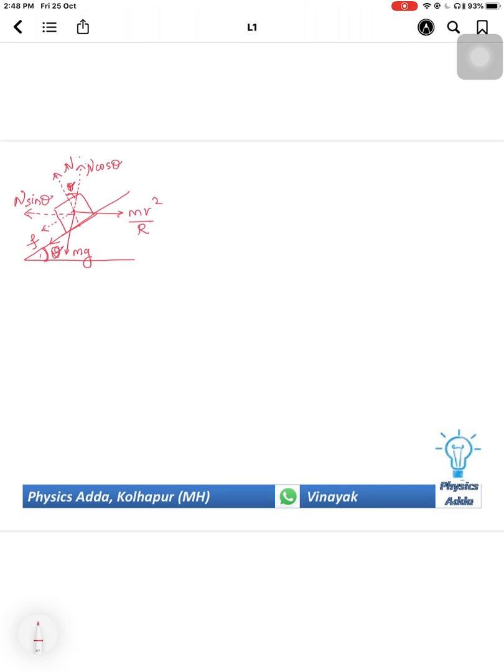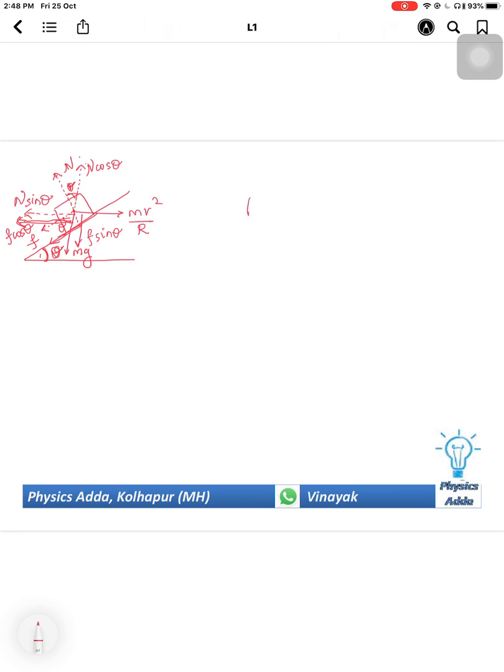Now, in a similar way, if you consider the friction, friction makes angle theta with horizontal, right? Because it is along the inclined plane, and the plane makes angle theta with horizontal. So what will be the component of friction in this direction? It will be F cos theta, because this angle is theta, and here it will be F sin theta.